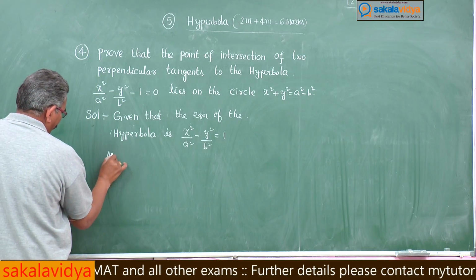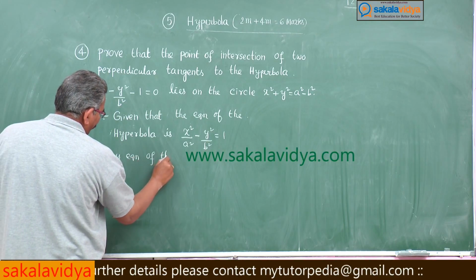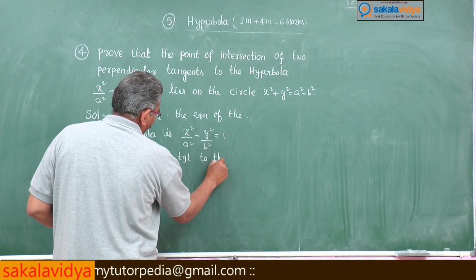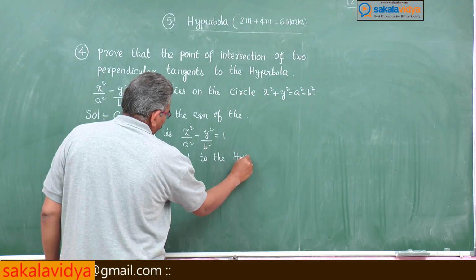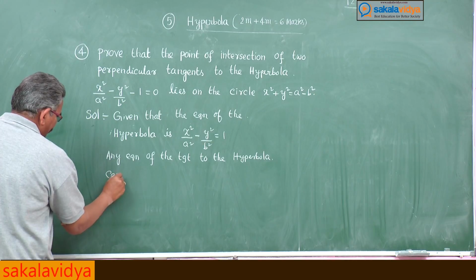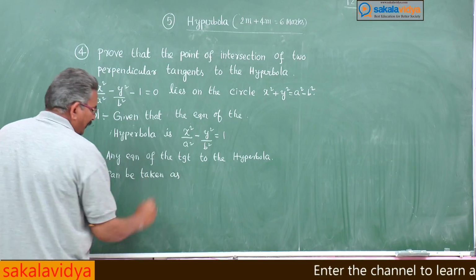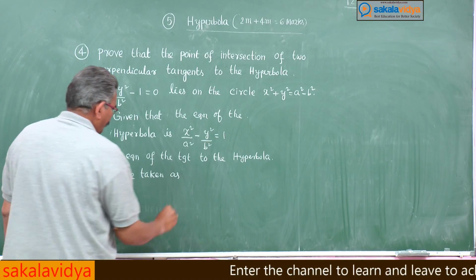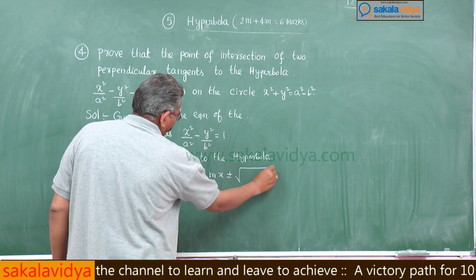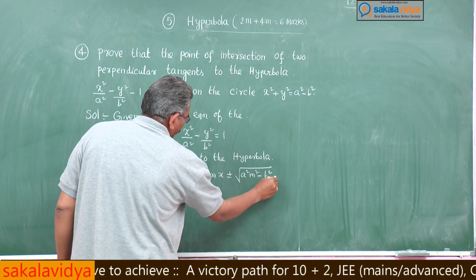Any equation of the tangent to the hyperbola can be taken as y is equal to mx plus or minus root of a square m square minus b square, say equation 1.